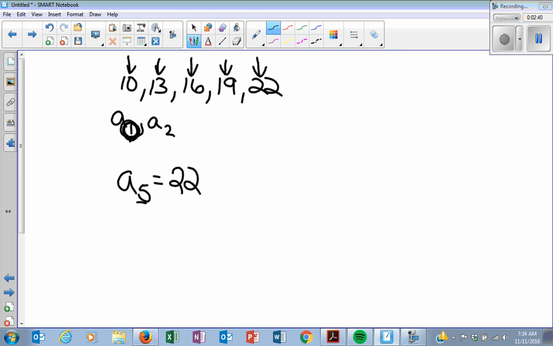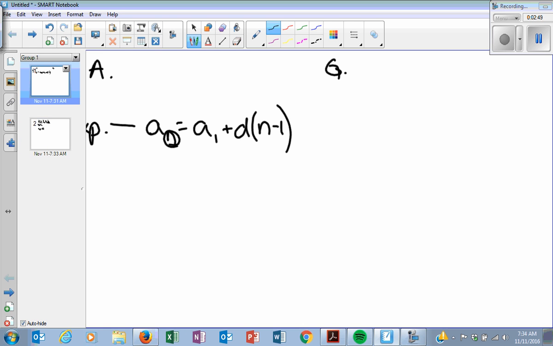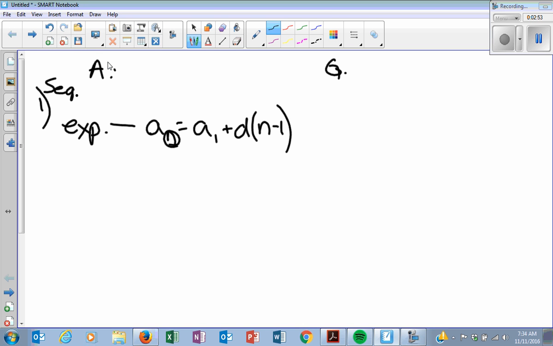It is the fifth term in the sequence, and I go 1, 2, 3, 4, 5. That's the fifth term. You guys get what I'm saying here? So for my explicit formula, this will solve any term number. So if I want the 100th term, then I put 100 in for n here, and 100 for n right there. Does that make sense?